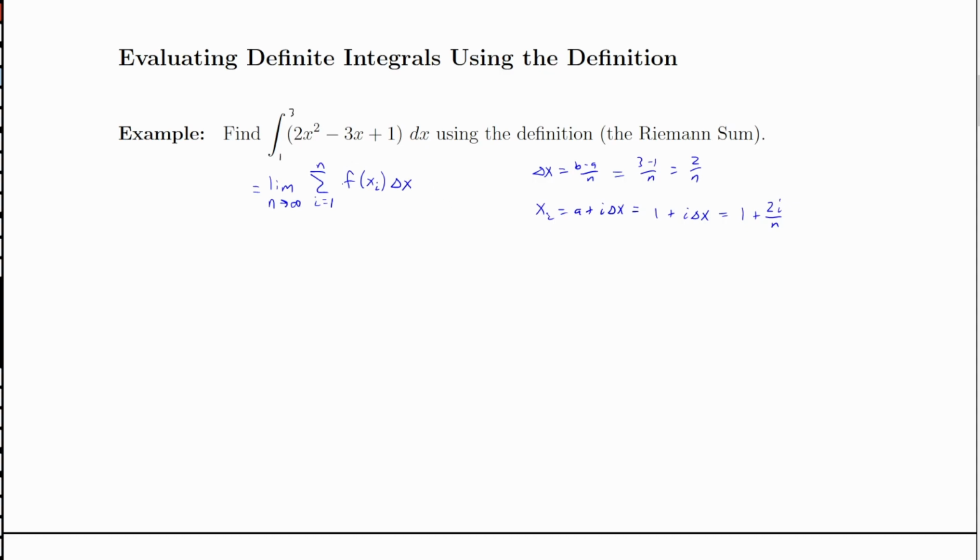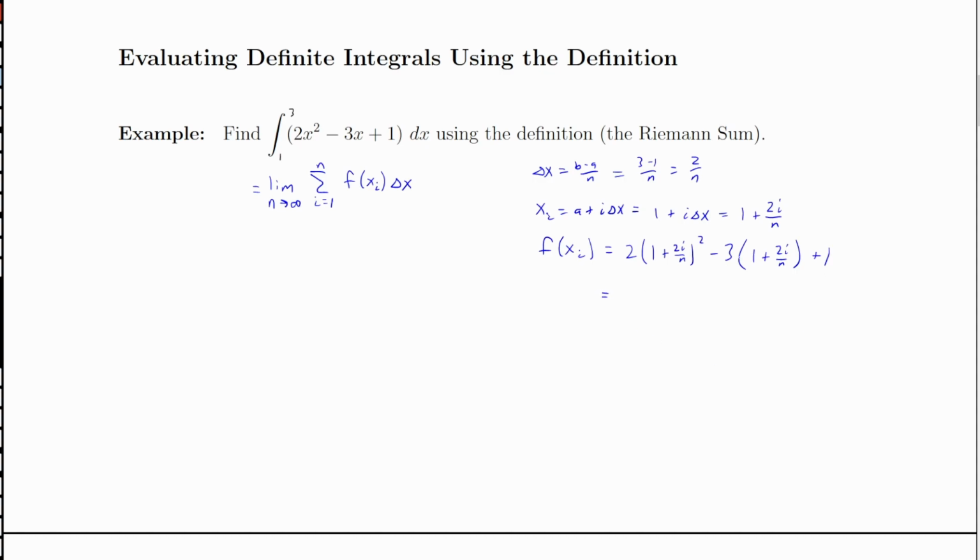In order to plug in here, I want to know what f of xi is. So f of xi is 2 times xi squared, so 2 times (1 plus 2i over n) squared, minus 3 times (1 plus 2i over n), plus 1.